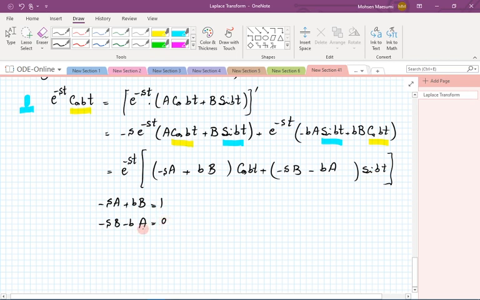So for example, here you can say A is going to be equal to minus sB over b, which when we put here it becomes s squared over b times capital B plus little b times capital B equal to 1, which when you factor B out of it becomes s squared over b plus b equals 1.